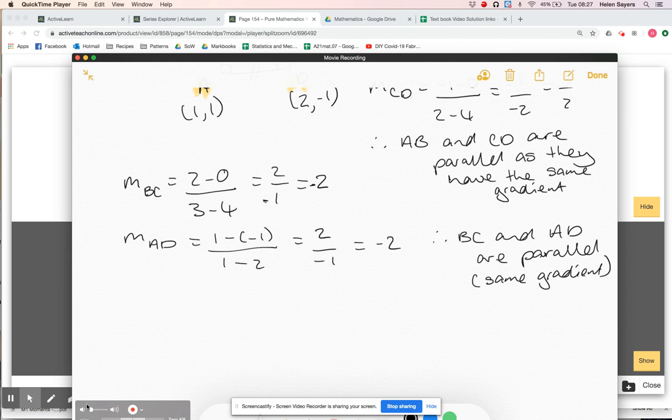Okay, but that's not enough. Just because the opposite pairs of sides are parallel, that could still be, for example, a rhombus or a parallelogram.